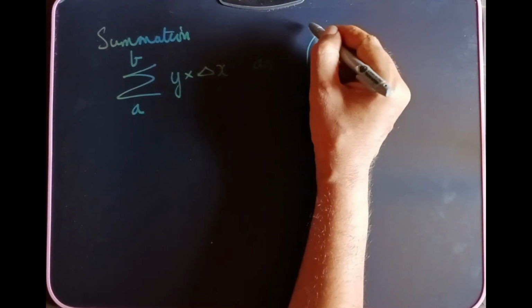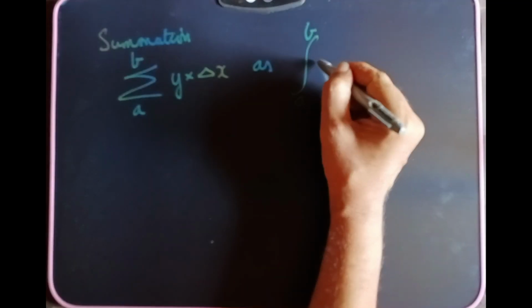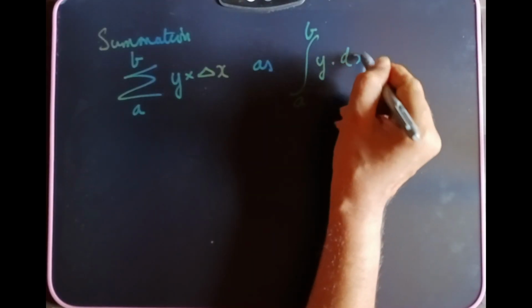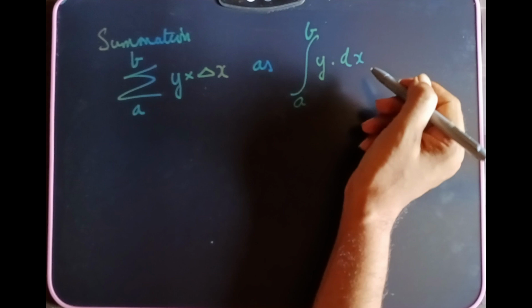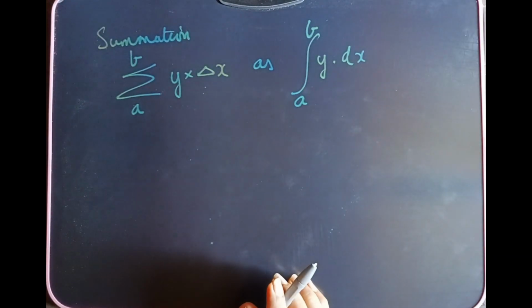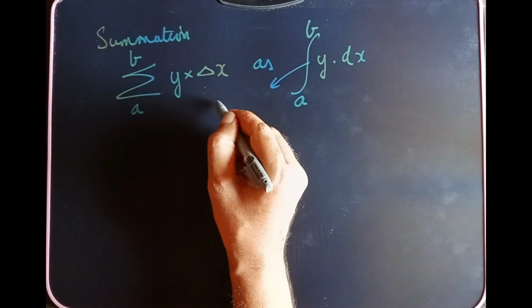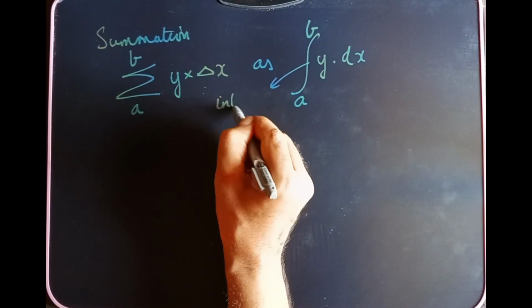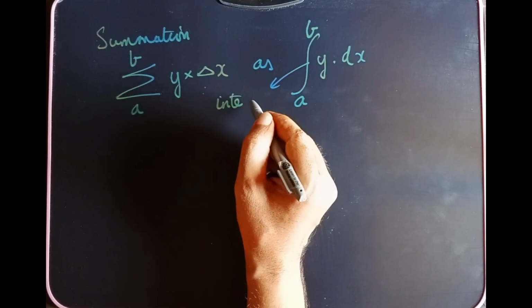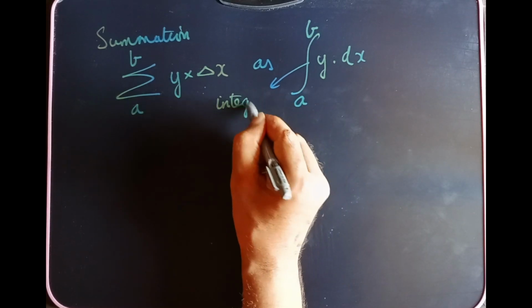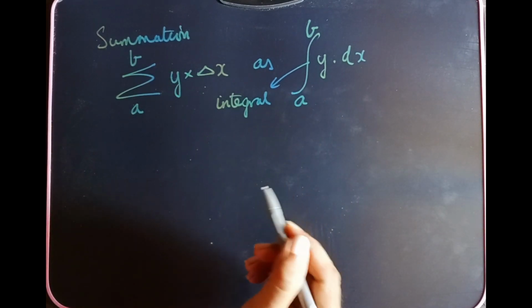So we can write the integration from a to b of y dx, where x is the variable from a to b. This sign here is called the integral, or the sign for integration.